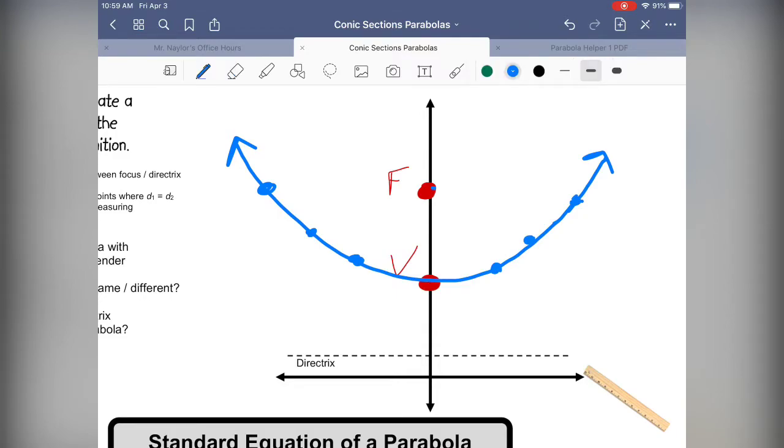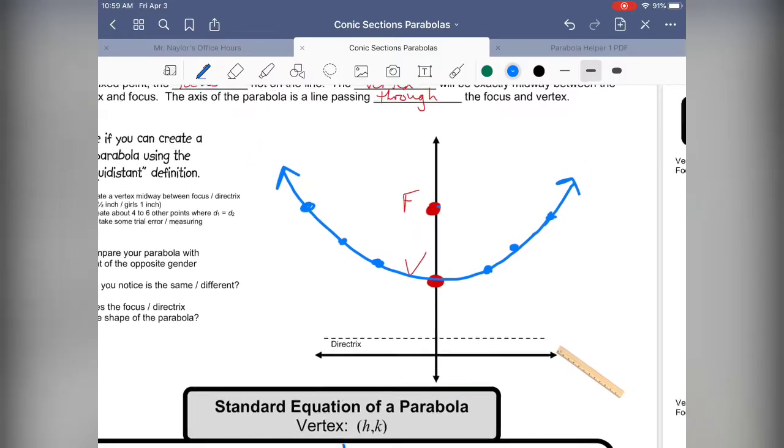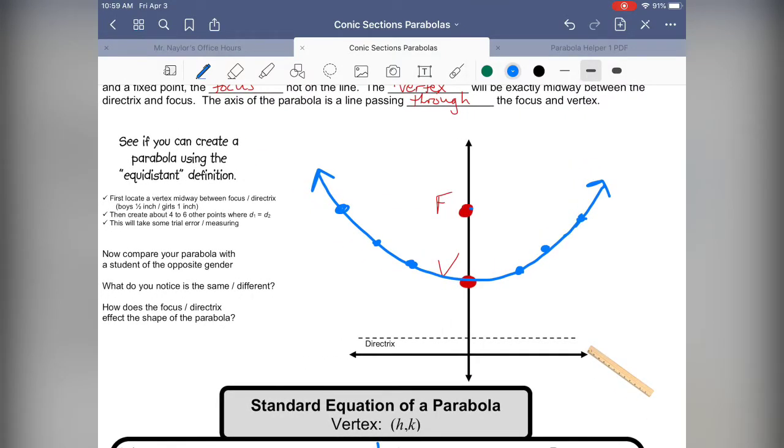So, what would happen if you were making a parabola of a different size? In other words, a parabola where this measurement that we took initially was different. What if my vertex and focus were here? What if this distance was bigger?